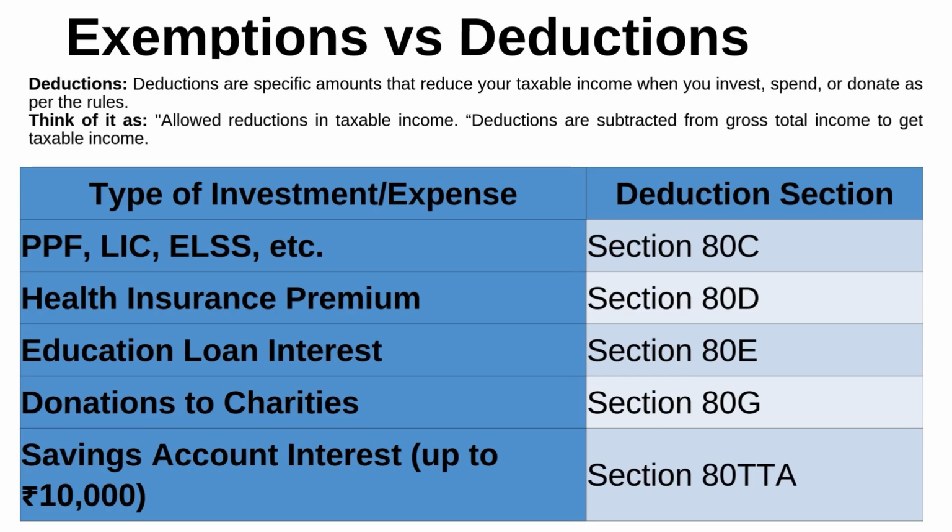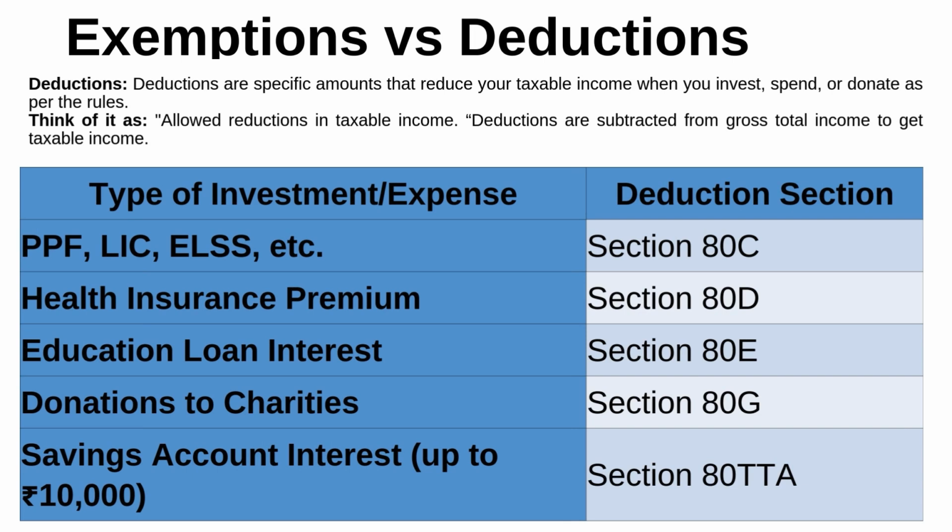Think of it as an allowed reduction in taxable income. This is known as deductions. Deductions are subtracted from gross total income to get taxable income. This is the step when we calculate the taxable income.